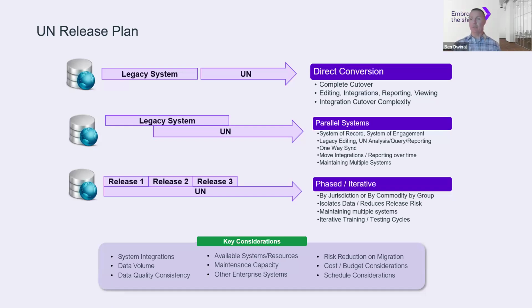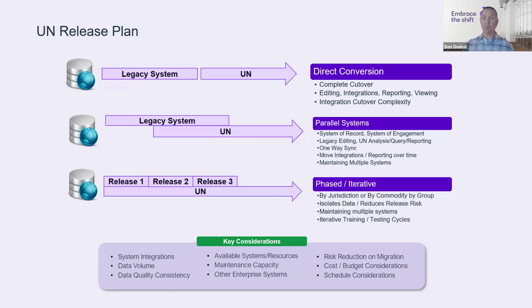Now, we've executed all of these types of release strategies, and so I'll focus on these three here. It breaks down into these categories. It's either a direct conversion or a cutover. We may run a release with parallel running systems, or we may have an iterative or phased release plan.